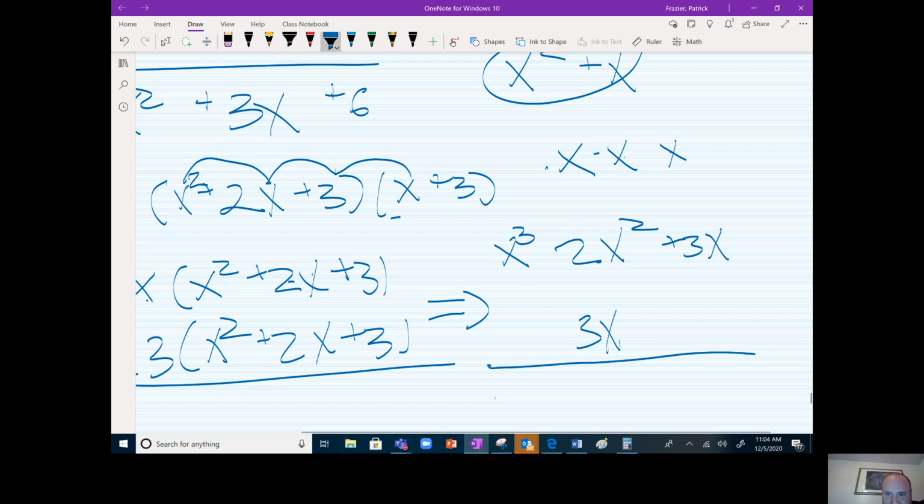Anyways, 3x squared, and then 3 times 2 is 6. So plus 6, and then that's just an x. And then 3 times 3 is 9. So that's a blank over there, blank over here.